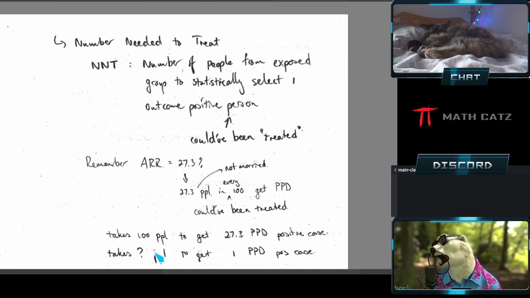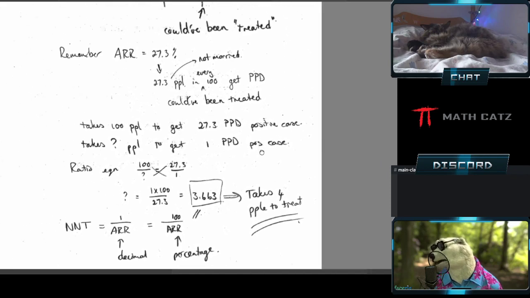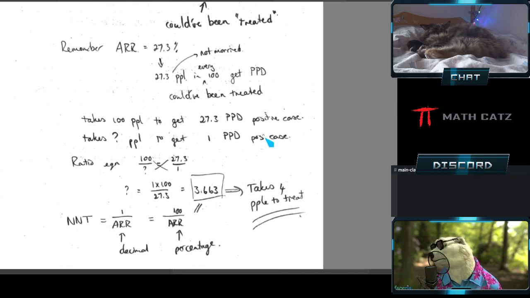So how many people do I need to have to get one whole person that tests positive for postpartum depression? Well, if you know a little bit about ratio equations, I can set up a little ratio equation here as 100 corresponds to 27.3, question mark corresponding to 1.